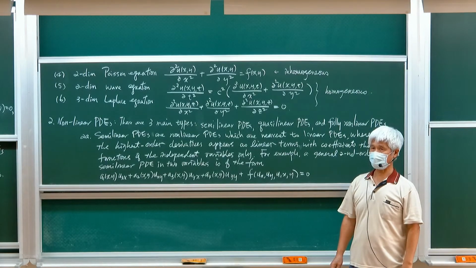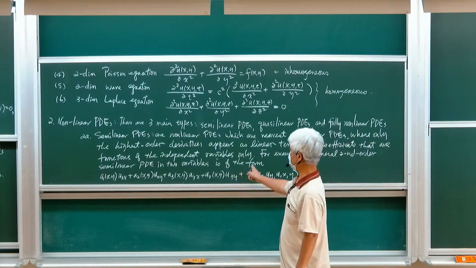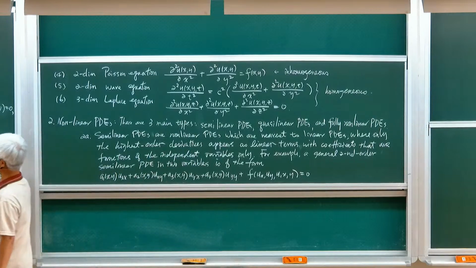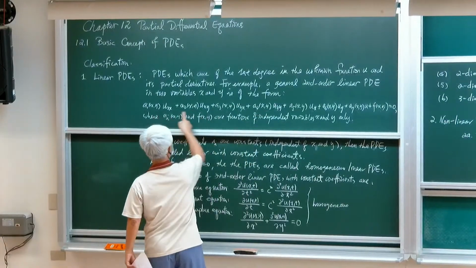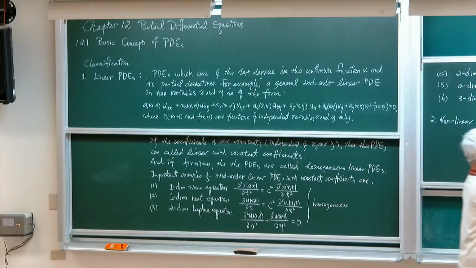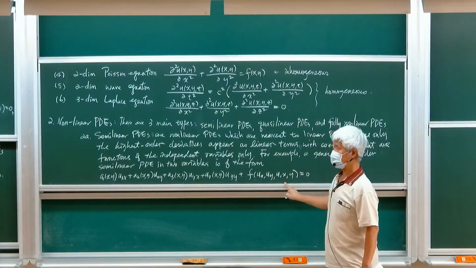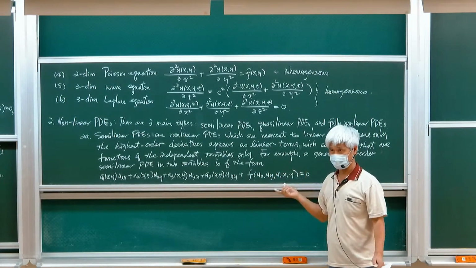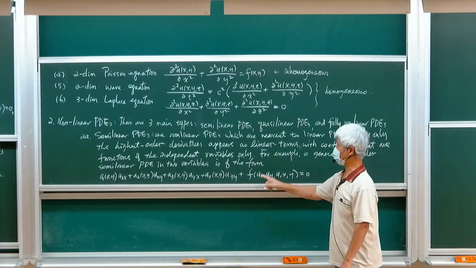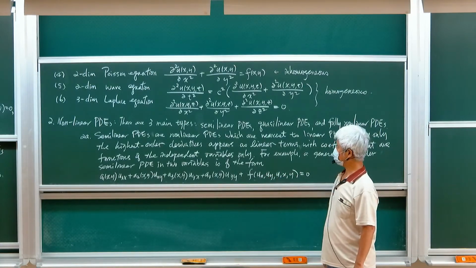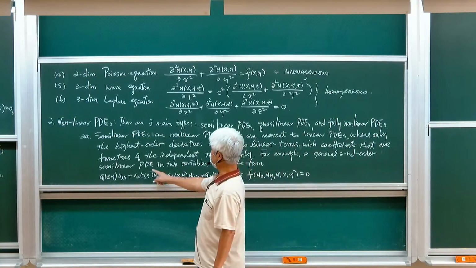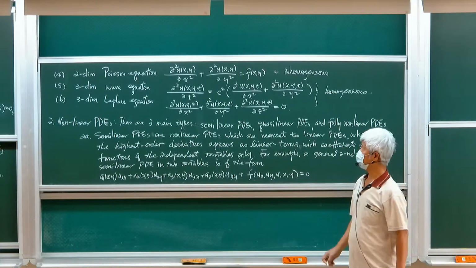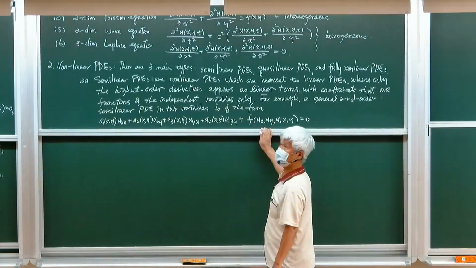So only the highest order terms are the same as in linear PDEs, and the rest can be arbitrary. This may involve nonlinear terms such as ux times uy. So this PDE is a second order semi-linear PDE. Okay, so that is 2A.